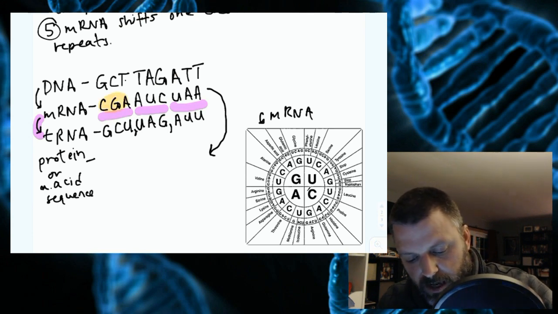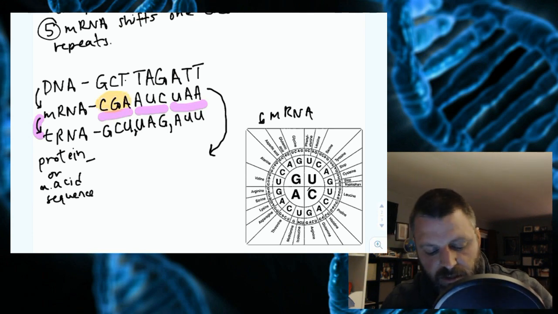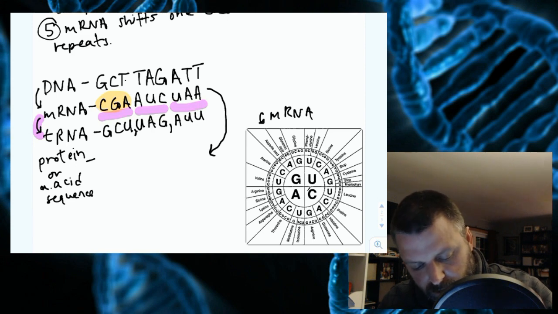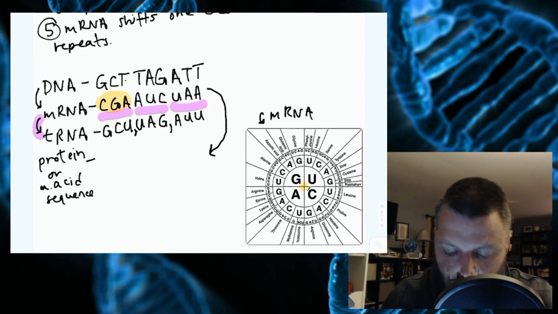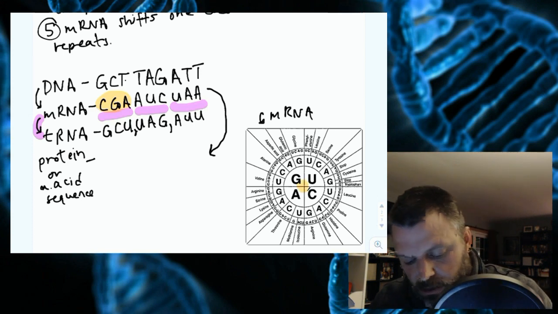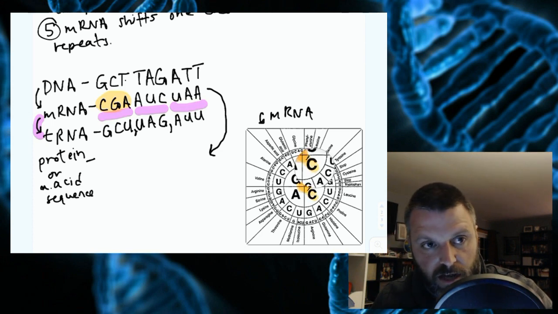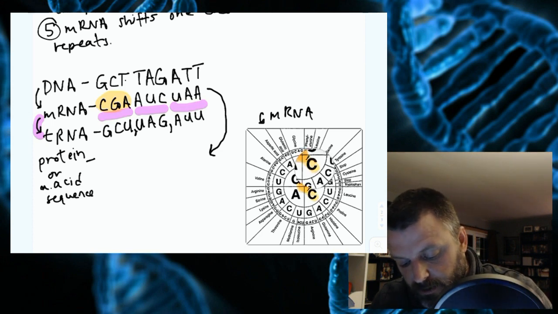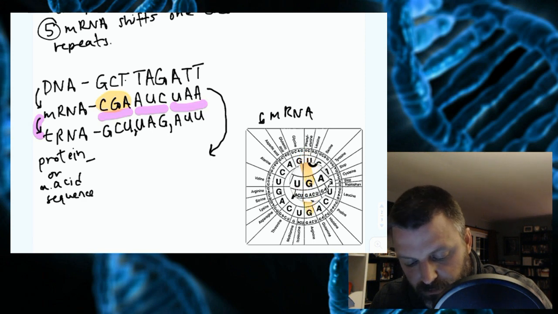All right, so I'm going to use my highlighter. I'm going to change it a little bit so you can see each one. So let's say here is my first codon. And I'm going to go over to my codon wheel and I'm going to look up and see what amino acid that results in. So to use this wheel, you always start at the center. See where that orange dot is? And then you slide your finger to the first nucleotide.